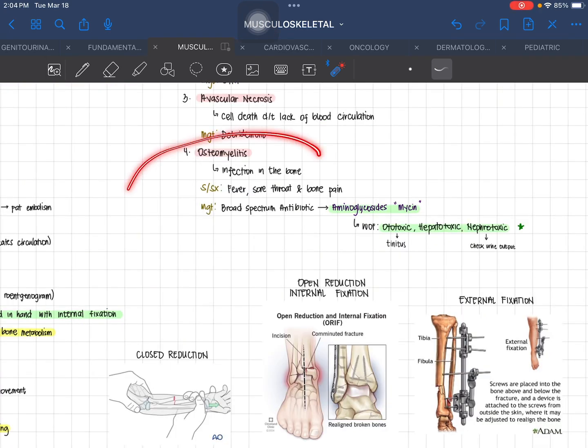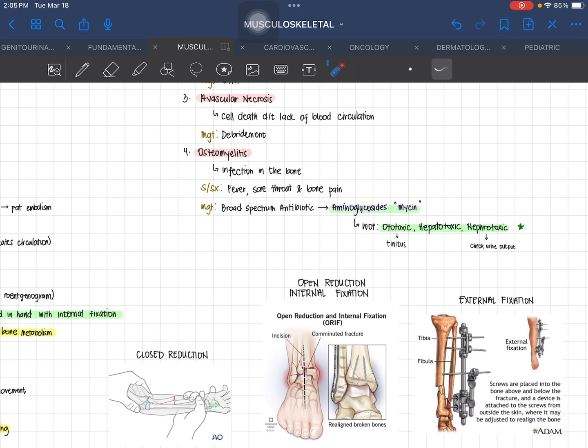By the way, gaya dito sa osteomyelitis, itis, it means may infection. Ayan, infection in the bone. So, yan, fever, sore throat, bone pain. So, ang management dyan, gaya ng sinabi ko kanina, is antibiotic. Kasi yun naman talaga ang management for infection. So, ang antibiotic is aminoglycosides. And yun yung mga nag-end with mycin. So, they are ototoxic.